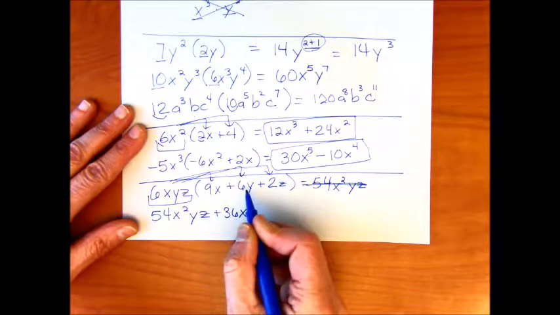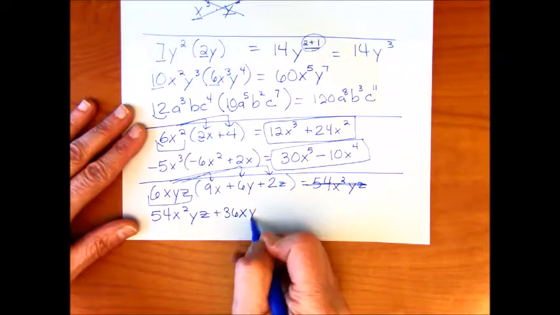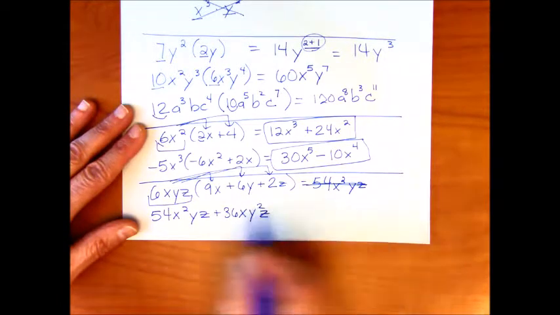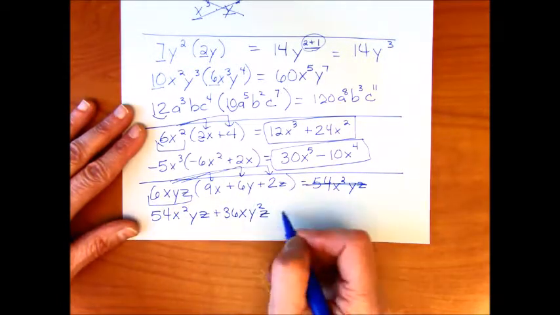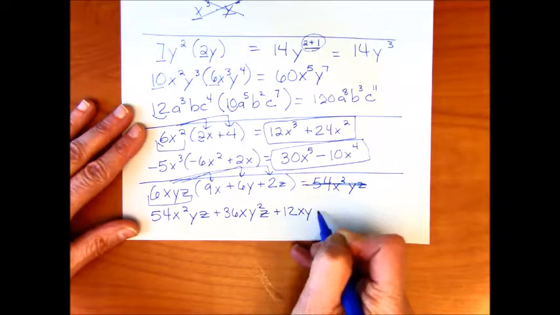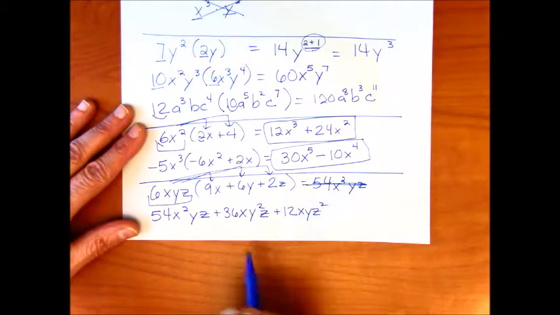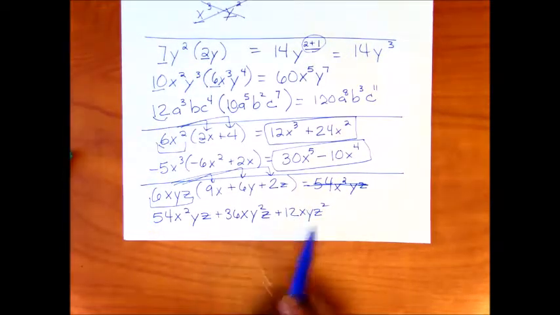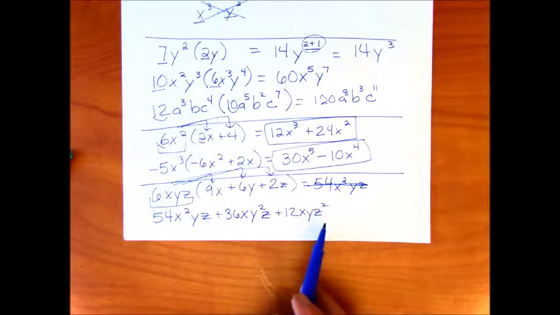We don't have an x here, but we do have a y, so that'd be y squared and the z. 6 times a positive 2 is plus 12x y z squared. Notice we have a z here and a z there. 2 z's make it a squared z.